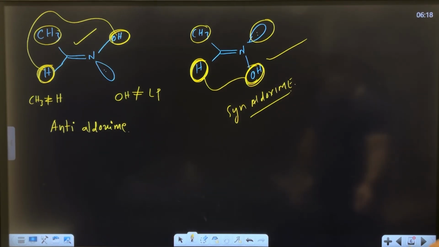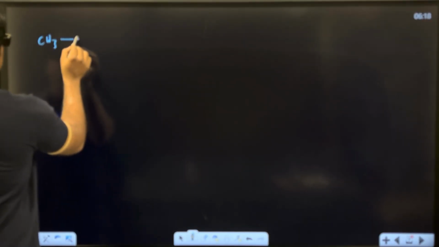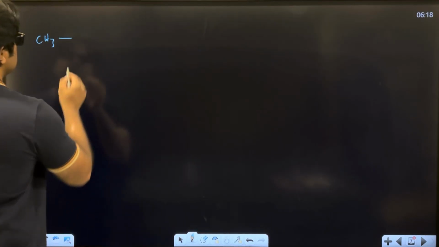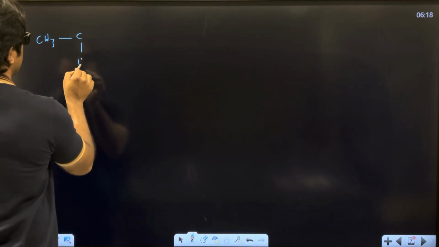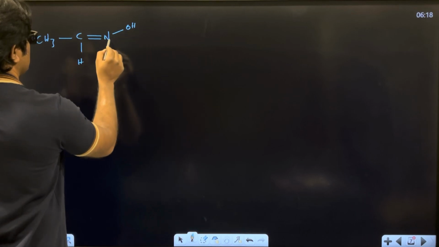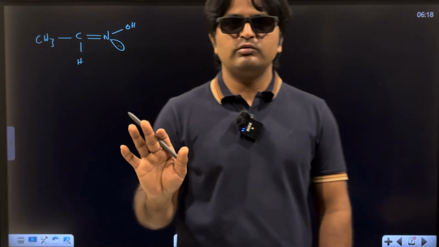Next one, here I am giving a few oximes. From that, identify whether geometrical isomerism is possible or not. Something like this: CH3, CH3, C, clearly I am giving like this, NOH and a lone pair of electrons. But from the examination point of view, they are not providing the lone pair.